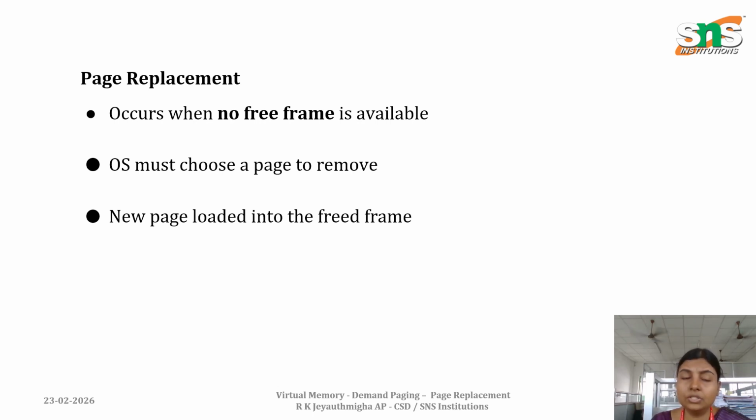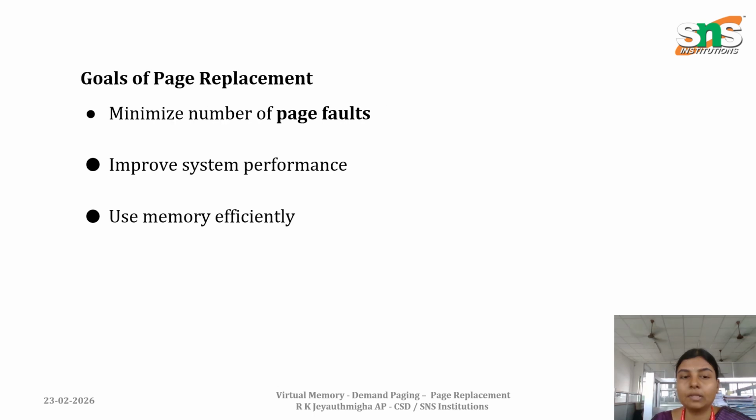The operating system must choose a page to remove in that scenario, and the new page is loaded into the free frame. The goals of page replacement are to minimize the number of page faults, to improve system performance, and to use memory efficiently.